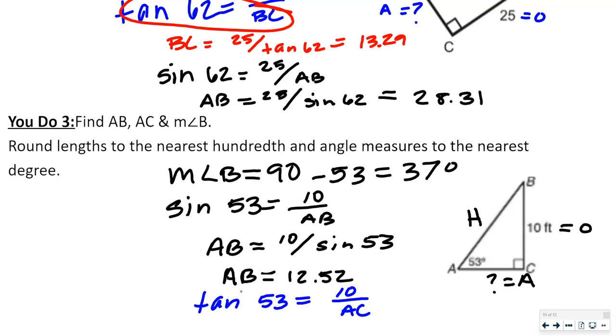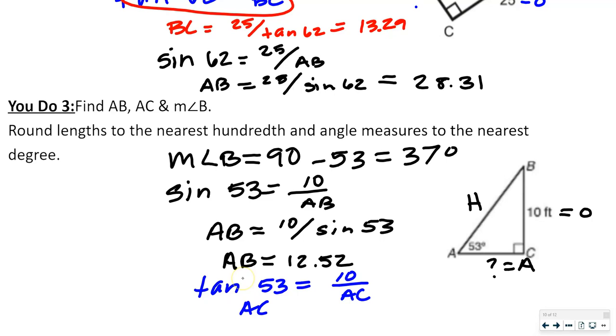Again, swapping places. So AC is going to be equal to 10 divided by the tangent of 53, which was 7.54.